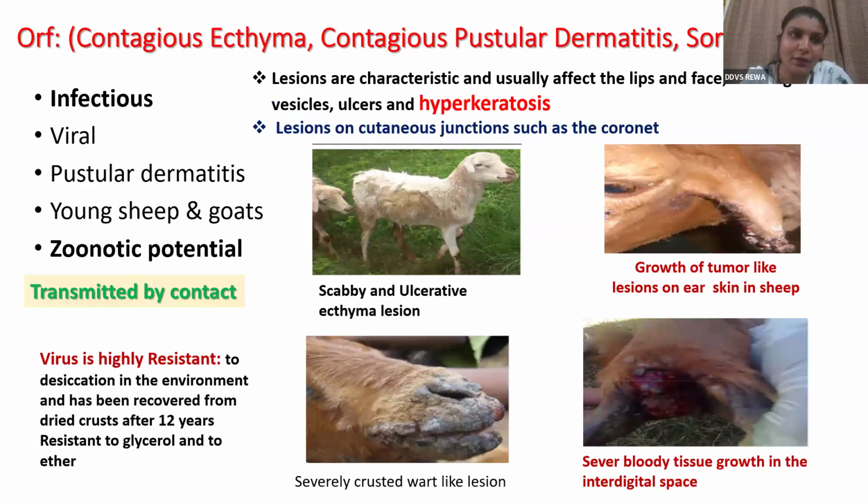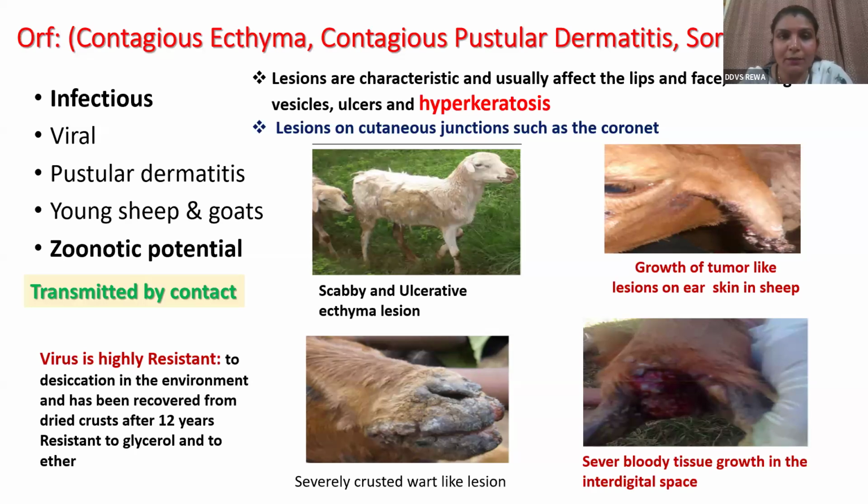Another similar disease is contagious ecthyma, and this also shows similar clinical signs. It is a viral, infectious, pustular dermatitis. It affects young sheep and goats, but the important point is it has zoonotic potential, and it is transmitted by contact.